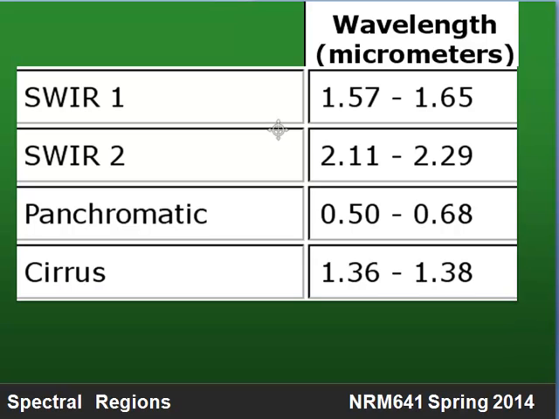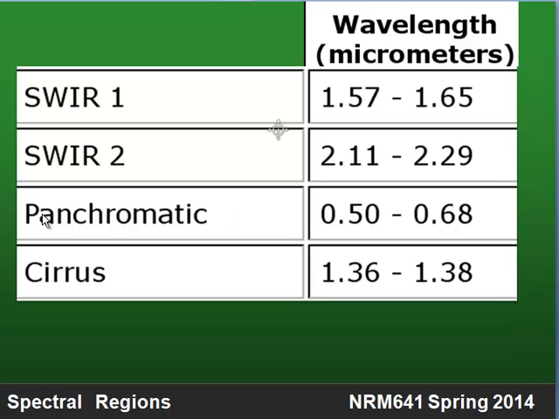The idea behind hyperspectral remote sensing is you can have very narrow spectral bands that are specific to detect certain things. So for example, here we have from a Landsat 8 sensor, the shortwave infrared bands, they're about 10 micrometers in width.